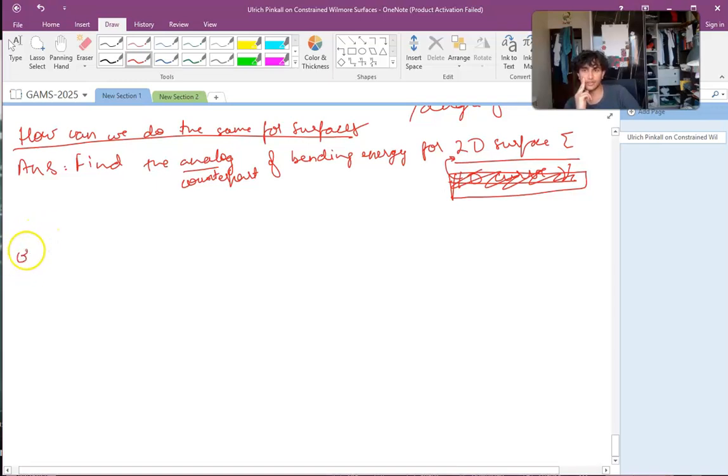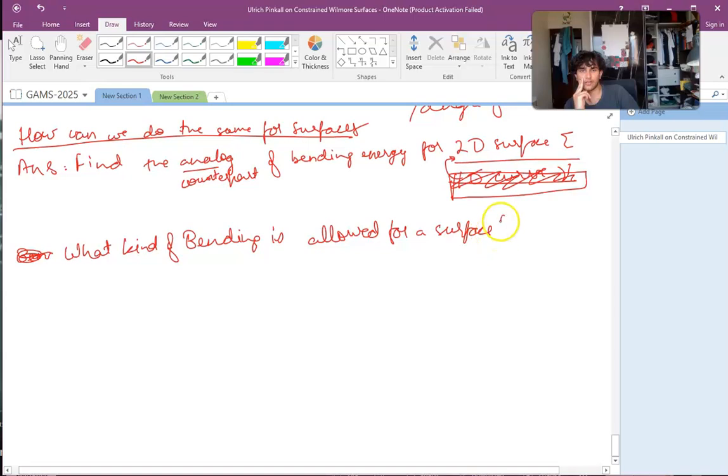What kind of bending is allowed for a surface? So the constraints are the following.